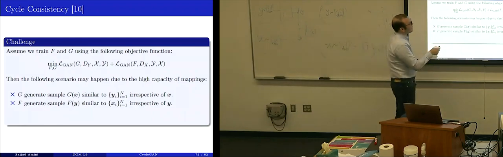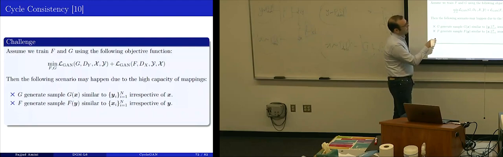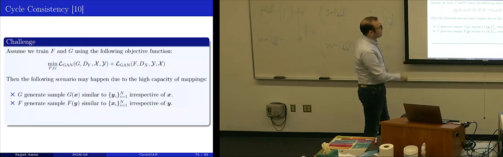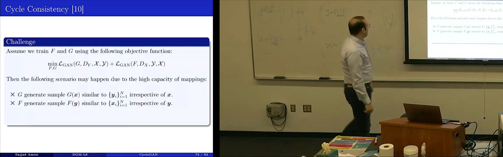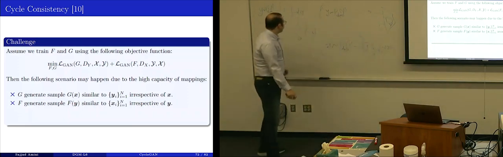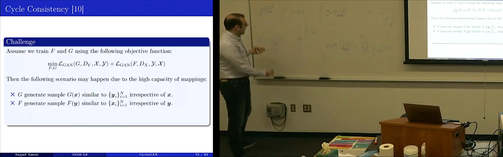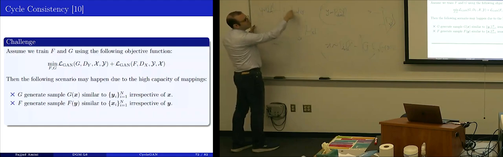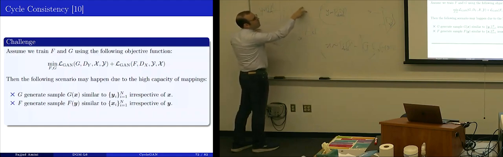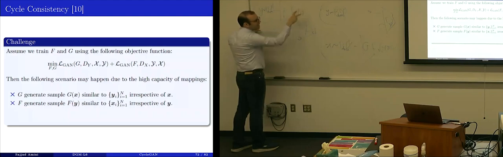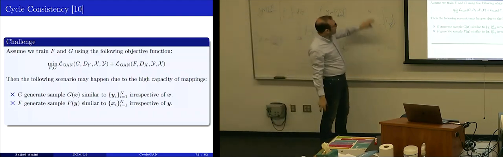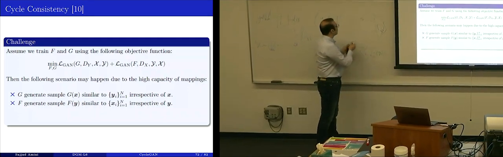Now, if I train these two transformations, I minimize F and G such that the GAN loss of both of them is minimized, then you will see that in the output, if you train the model, you have F of y, and F of y is distributionally exactly the same as x, and also G of x is exactly the same as y.